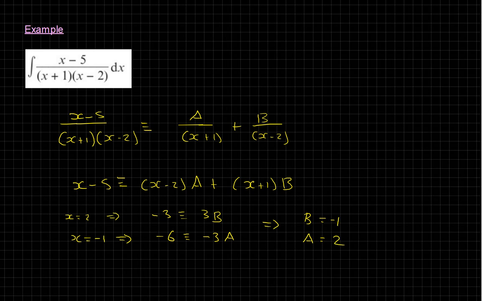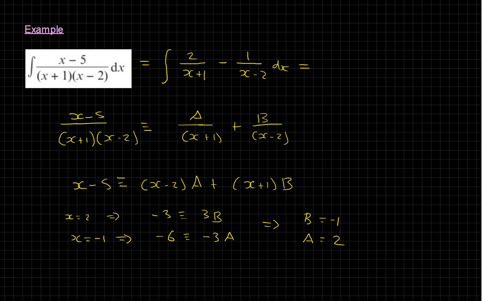Then next, we're going to just rewrite this integral. So that's the integral of 2 all over x plus 1, that's the a, minus 1 all over x minus 2, and that's me inserting the b. And then we can use integration methods that we already know about to get the solution to this.